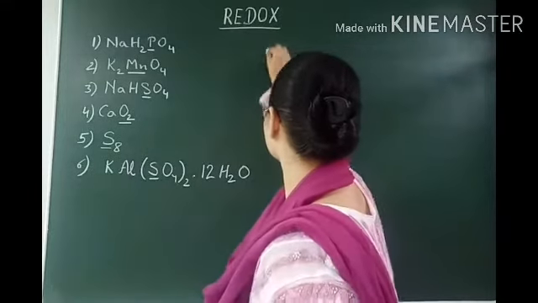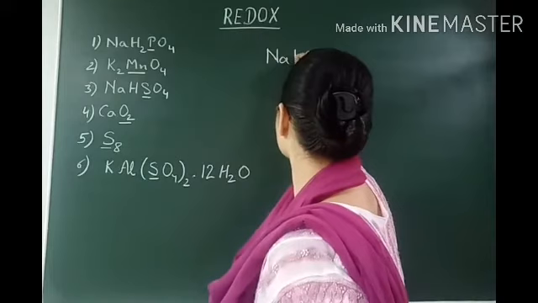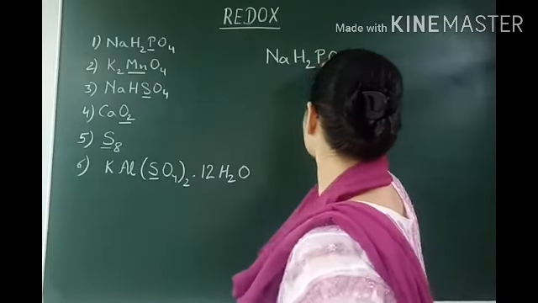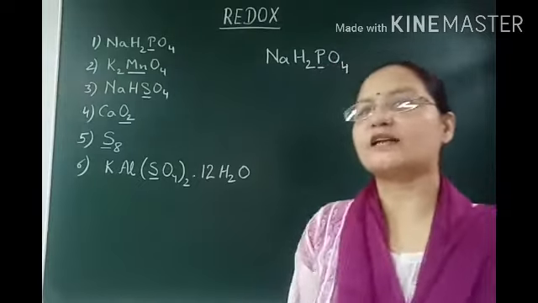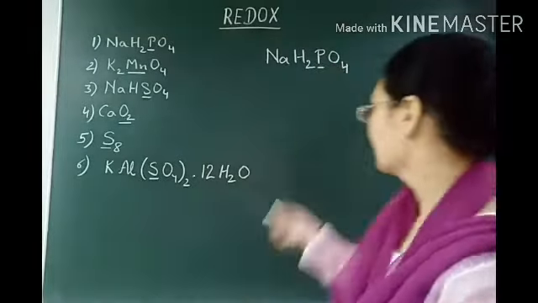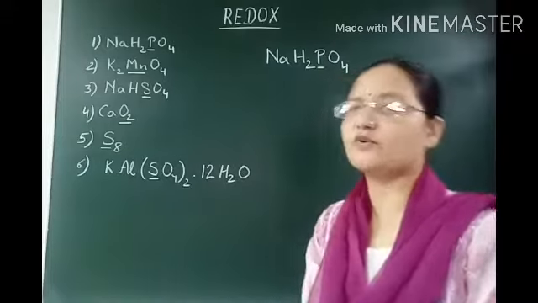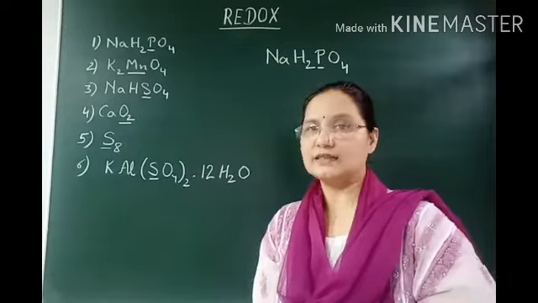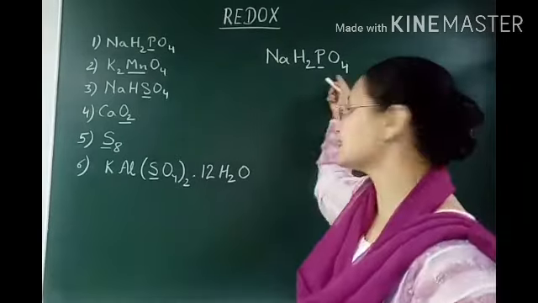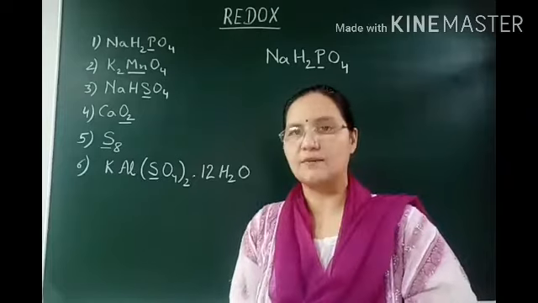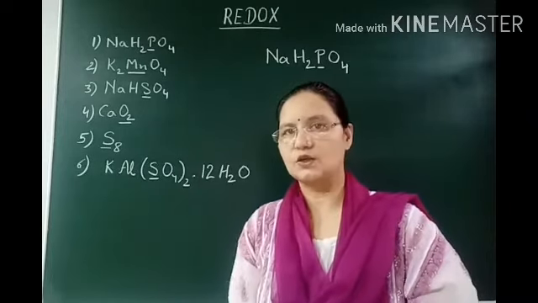NaH2PO4, in which we have to calculate the oxidation state for phosphorus. The rule for calculating the oxidation number for a neutral molecule is that the total sum of oxidation states of each and every element of the compound must be 0.